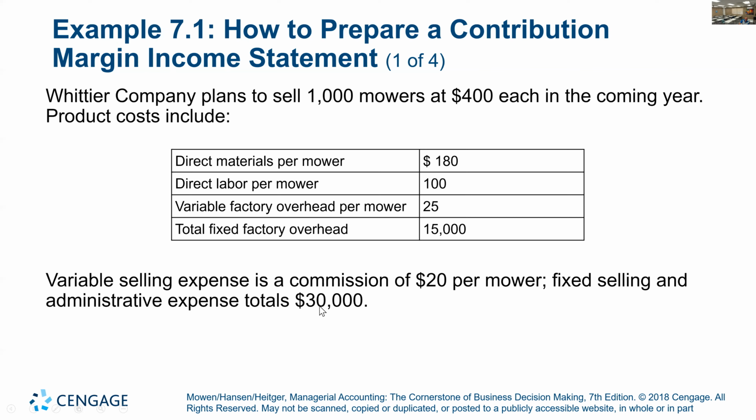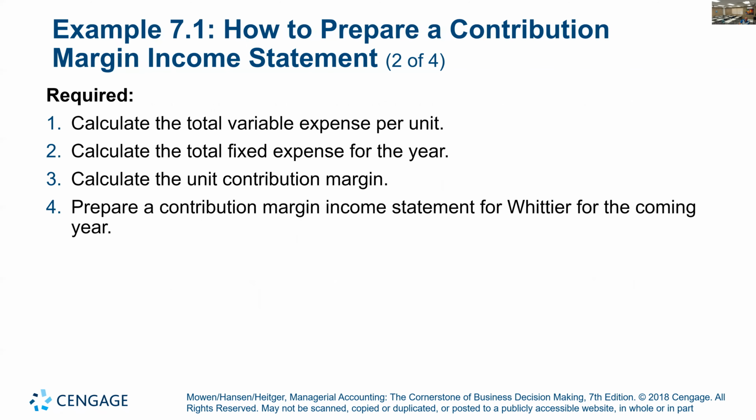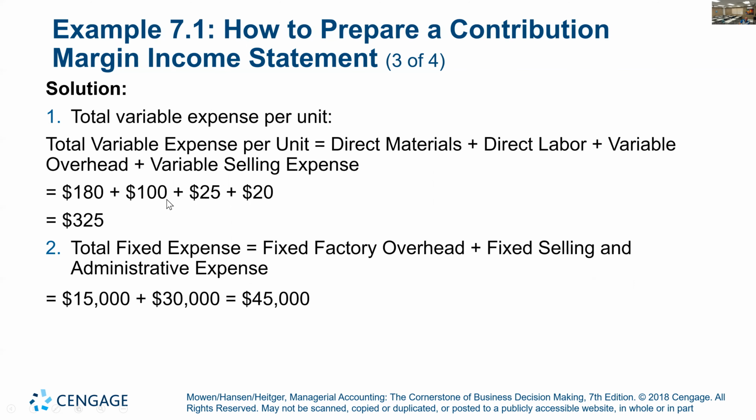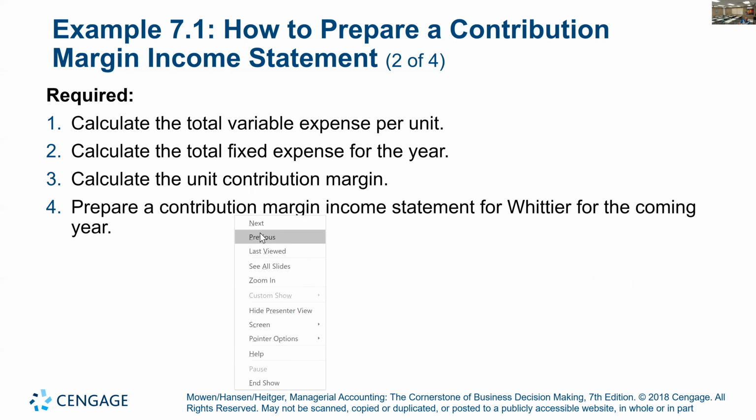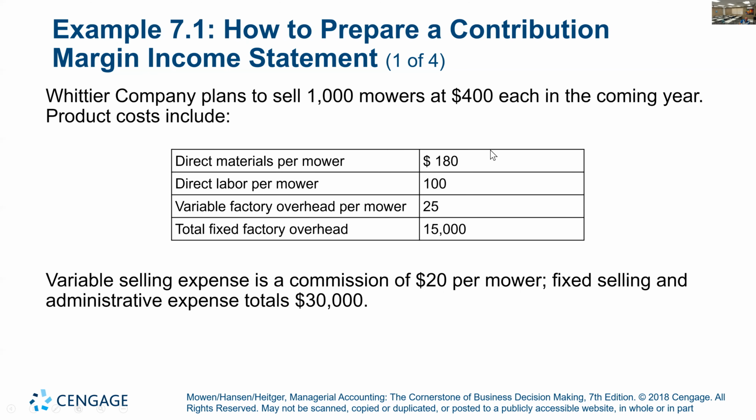So we're going to do a contribution margin income statement here. What would our revenue be? Well, total variable expenses for the year. This is the first thing they want to calculate. So if we're looking at our variable expenses here, we have 180, 100, 25, and 20.